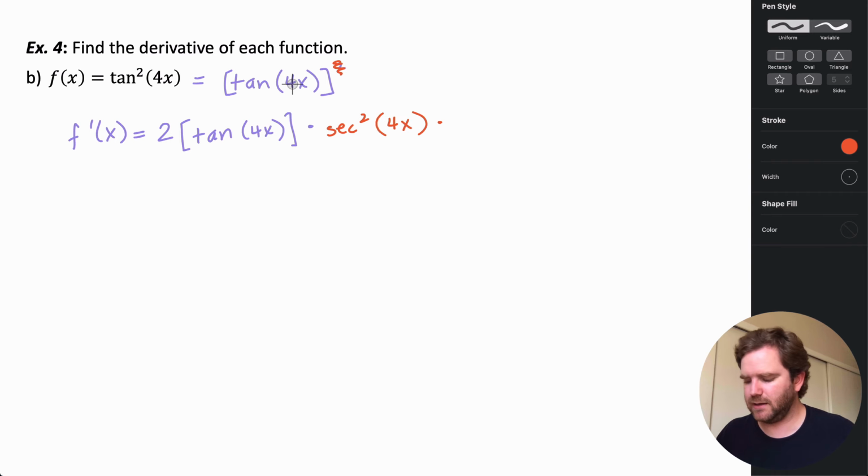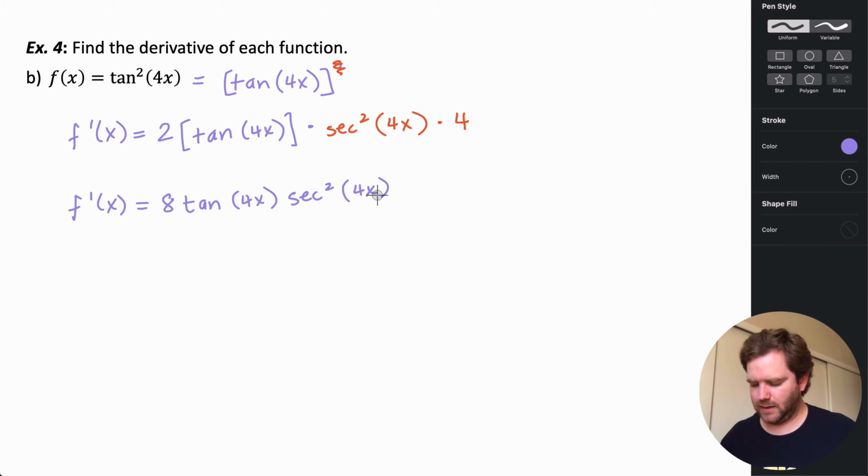The derivative of the inside is 4. So there's that. All right, and now putting all this together, we have a 4 and a 2, so that's going to be 8. So f prime of x is going to be 8 times the tangent of 4x times the secant squared of 4x. And that would be as simplified as you would need to make it.